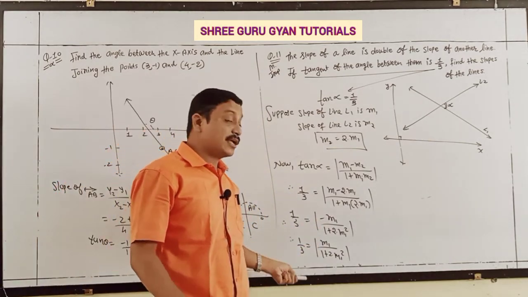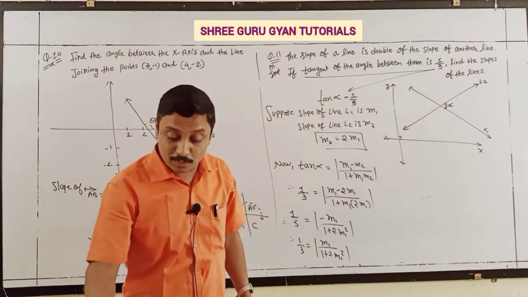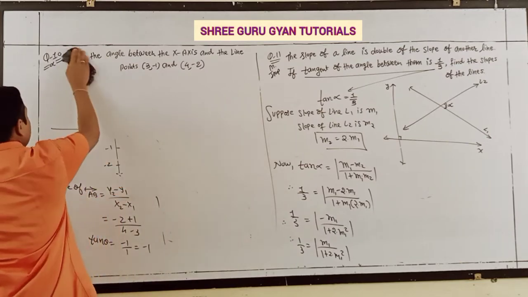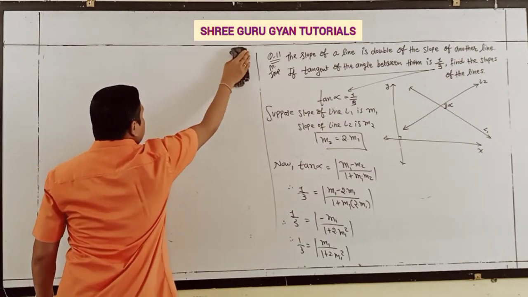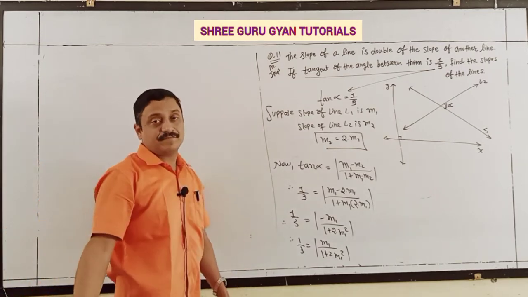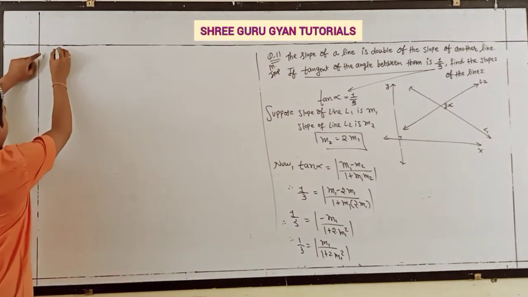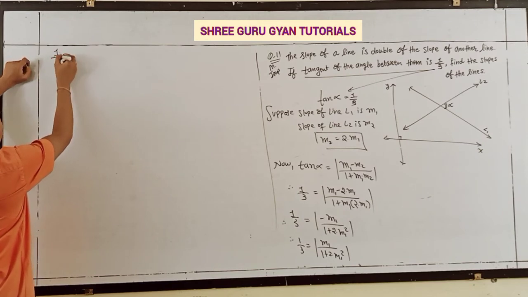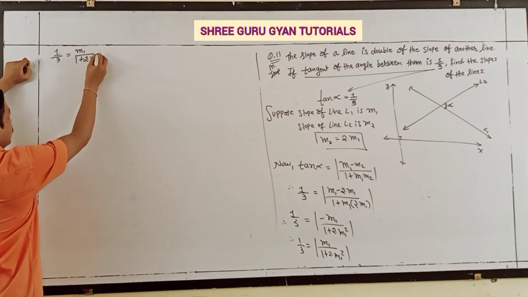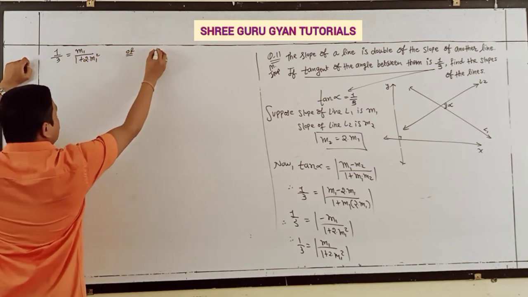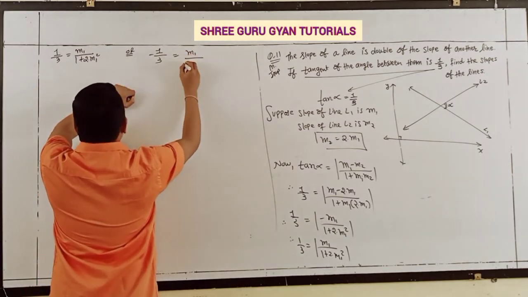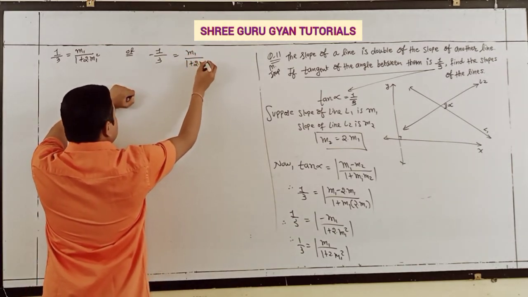Now there are two cases, one positive, one negative, and I will explain both one by one. I think a total of 4 answers are possible in this criteria. First I take positive: 1/3 is equal to m1 upon 1 plus 2m1 square, and in the other, minus 1/3 is equal to m1 upon 1 plus 2m1 square.